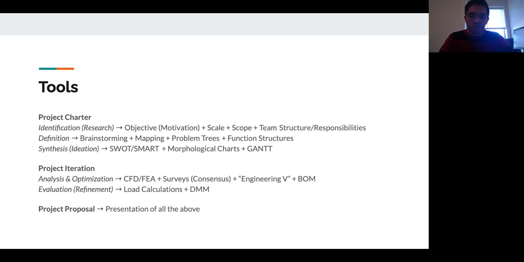And this can take a series of weeks, sometimes months if there's hindrances, and to then present or propose, this is what we do to encompass everything that we've worked towards, to say that our idea may be the best idea, and now we're ready to accept feedback, and then this puts us back into the loop of project iteration to optimize, refine, and move forward until we go to a manufacturing of a prototype.